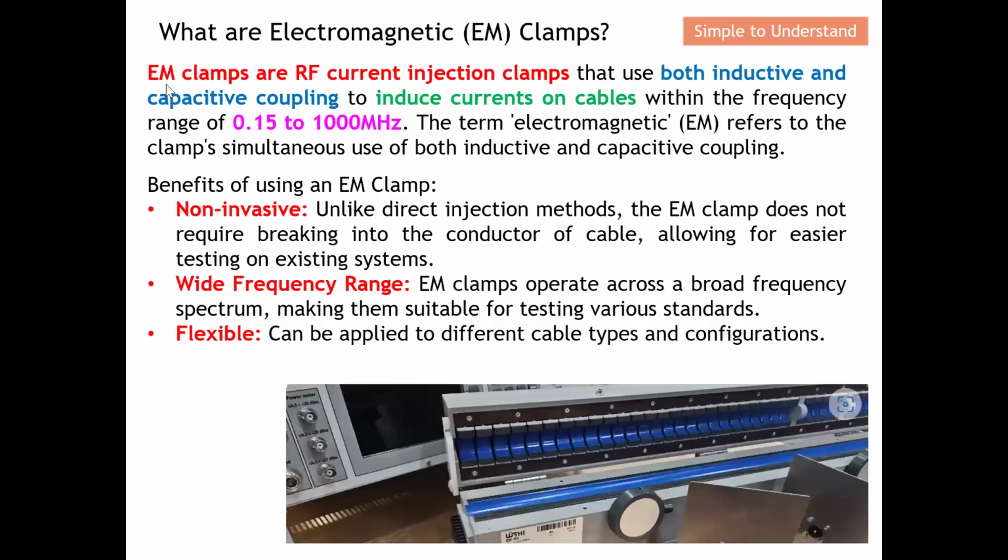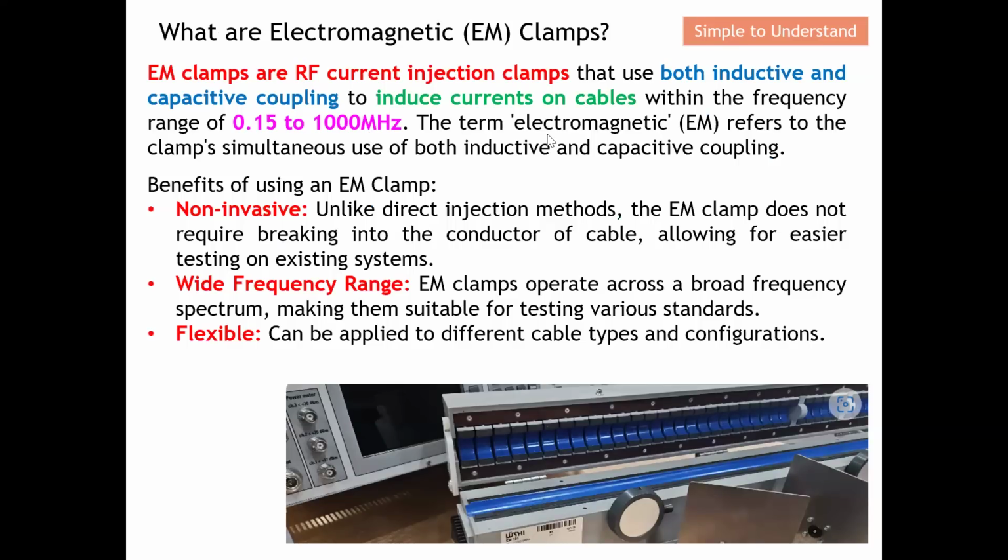The EM clamp is an RF current injection clamp that uses both inductive and capacitive coupling. Basically, I must emphasize that for the EM clamp, we have both inductive and capacitive coupling to induce current onto the cable within the frequency range of 0.15 to 1000 megahertz.